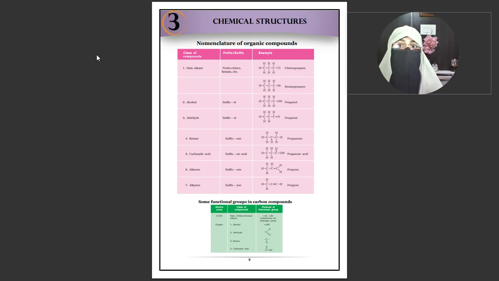For haloalkanes, chloro, bromo, how does the name come? I think the teacher who explained to you would have explained this. If you had enrolled in our institute, you would have learned how to name organic compounds. However, at this moment you can just study this, or learn these types of questions by heart.